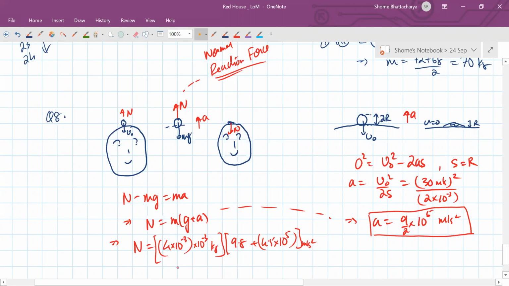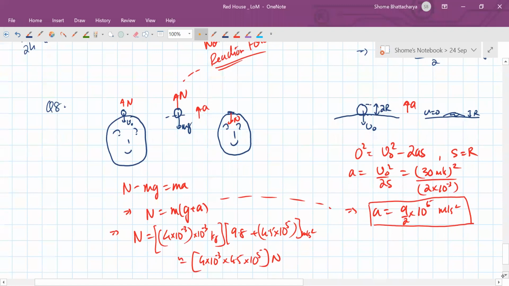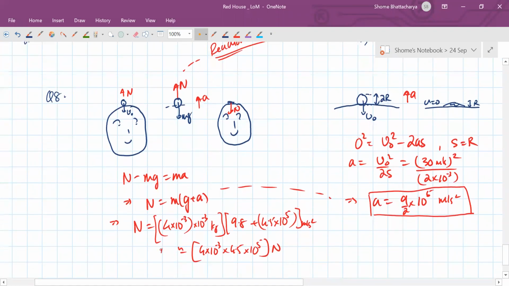You can neglect the 9.8, so it's almost 4 into 10 raised to the power minus 6 into 4.5 into 10 raised to the power 5 newtons. The 9.8 is negligible compared to this. So this will become 18 into 10 raised to the power minus 1, so 1.8 newtons of force.